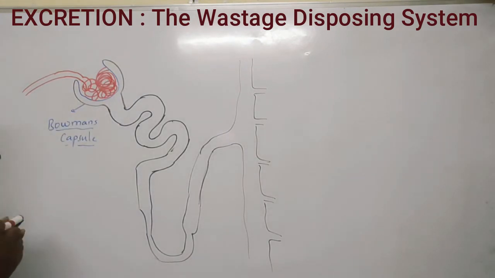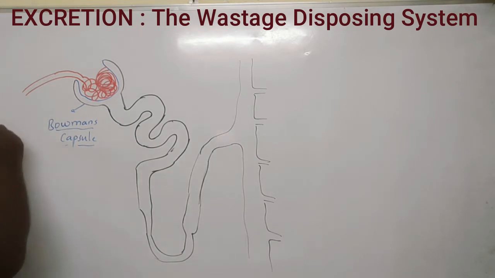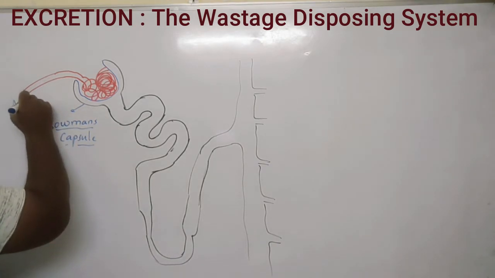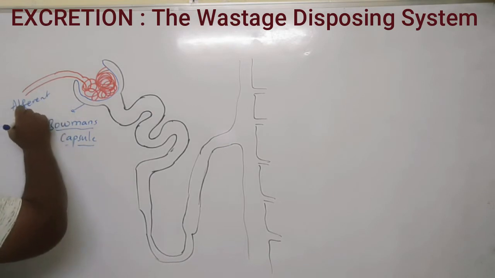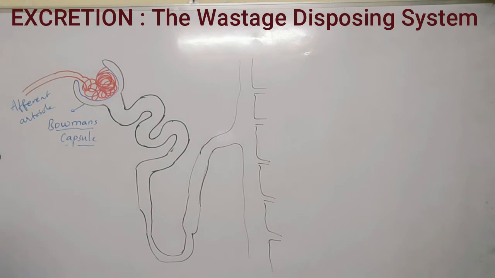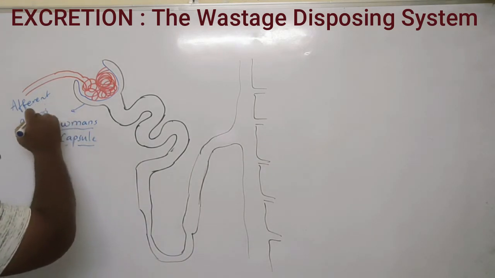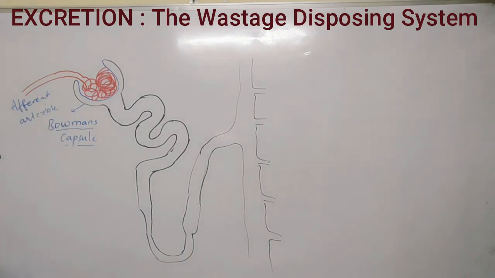The one which is entering here into the Bowman's capsule is called the efferent arteriole.